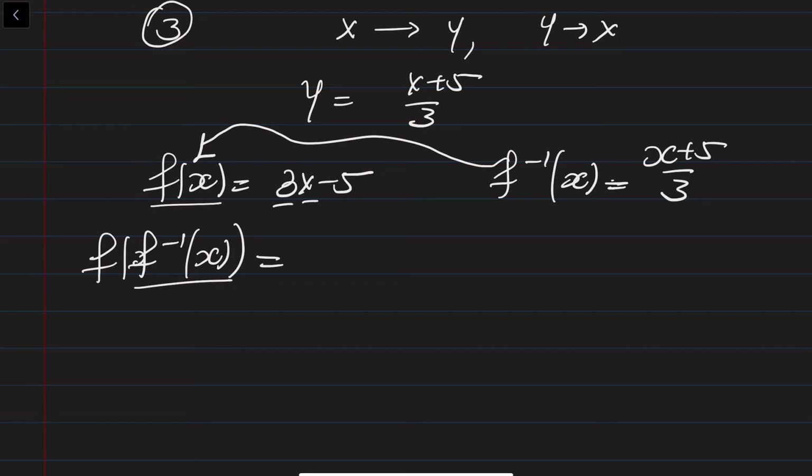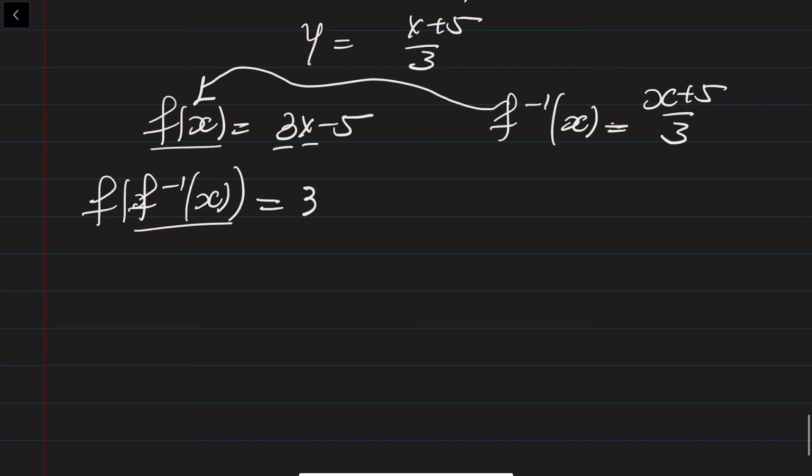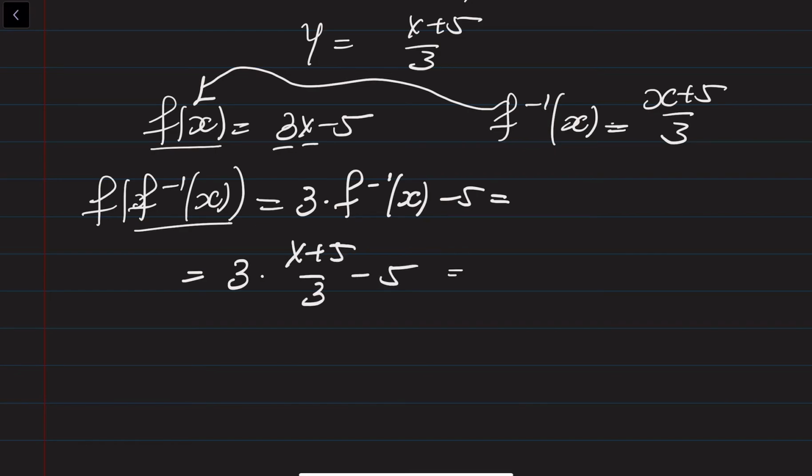So it is going to be 3 times f inverse of x minus 5. Now I'm going to substitute the value of the inverse. It is 3 times x plus 5 over 3, minus 5. You can just cancel this 3 with this 3, and what you have here is simply x. So it means that indeed these two functions are inverses.